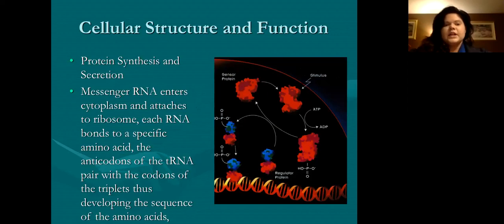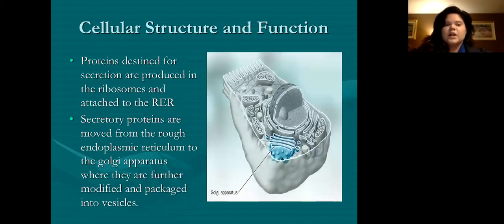Protein synthesis and secretion: your messenger RNA enters the cytoplasm and attaches to ribosomes. Each tRNA is bonded to a specific amino acid. Then you have your anticodons of the tRNA pair with the codons of the triplets, thus developing the sequence of amino acids. And that's just how those bonds are formed for your RNA.